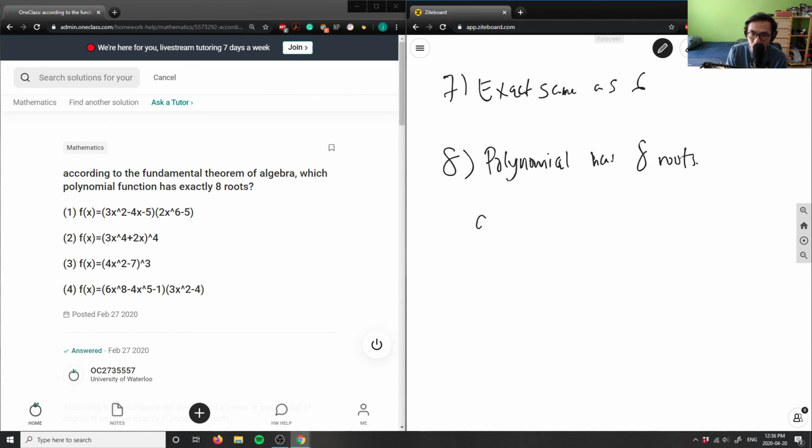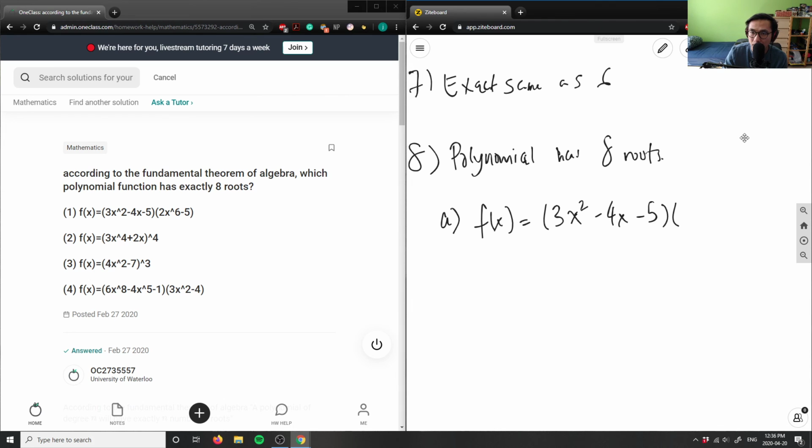So let's look at A here. A states that f of x equals 3x squared minus 4x minus 5 times 2x to the power of 6 minus 5. And B states that f of x equals 3x to the power of 4, to the power of 4.